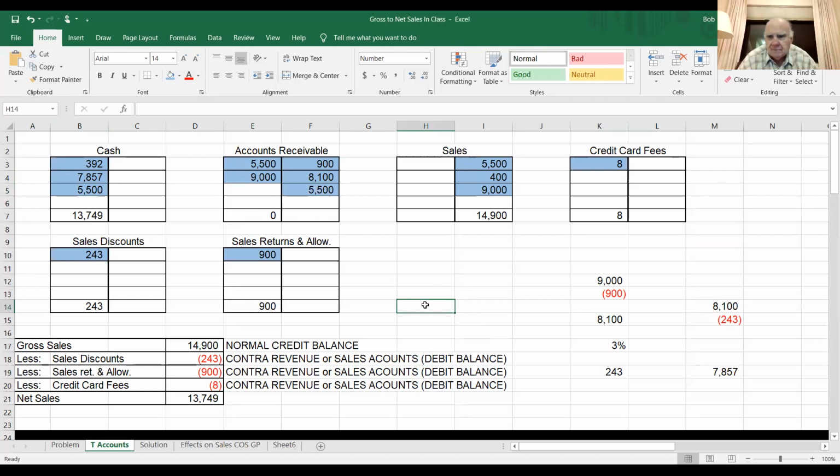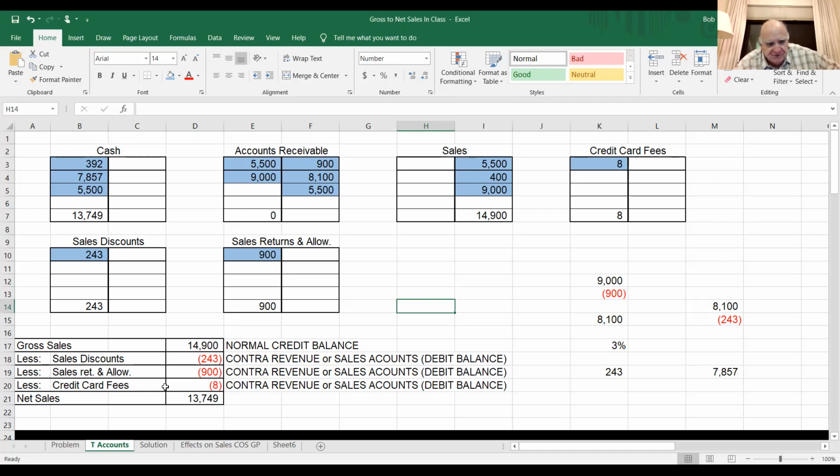Now, I went very, very slowly doing that so you could answer this question, and it is a problem from 230, so maybe a little more extensive, but this is what our whole chapter is about. So here is the top of our income statement now. We're going to have gross sales, meaning everything we billed out, otherwise known as sales.